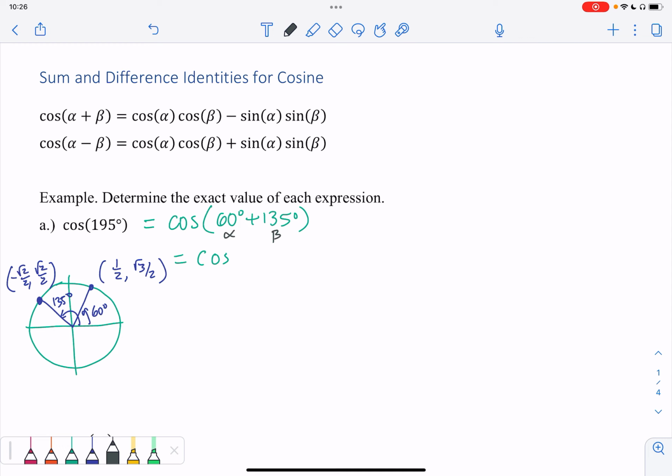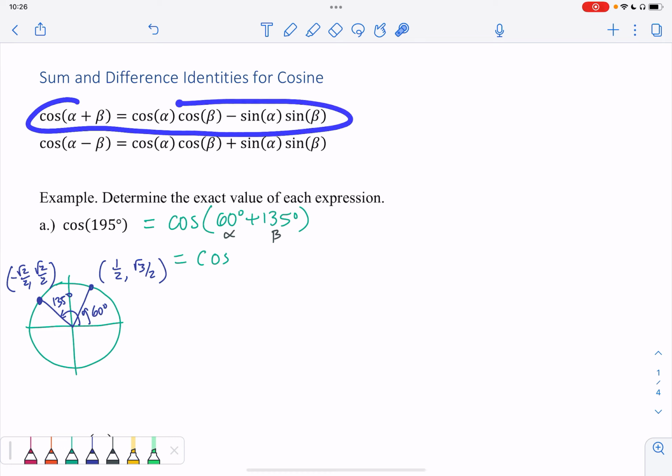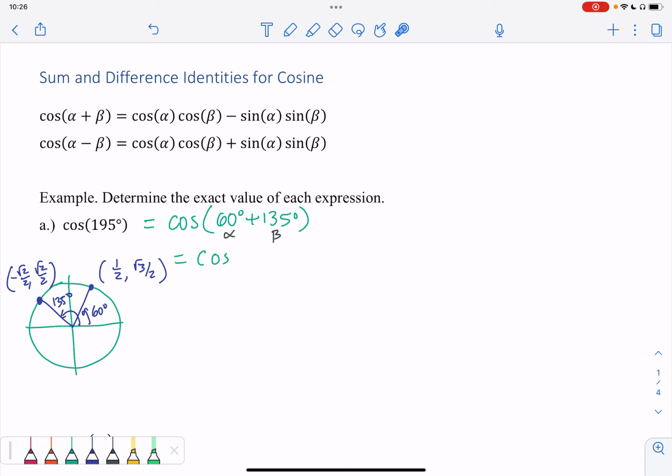I don't have to write that, but it's going to help me think about what 60 and 135 degrees is going to replace when I am up here in this formula. Okay, so my goal is to apply this top formula to what I have down here. So I have cosine of 195 degrees equals, write that as cosine of 60 plus 135 degrees.